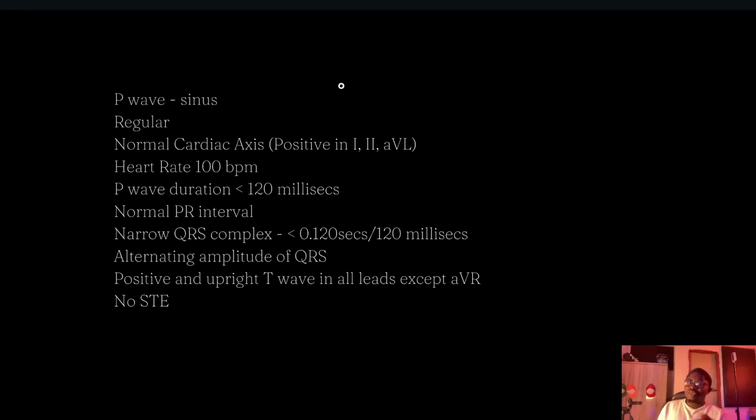P wave duration less than 120 milliseconds, normal PR interval, narrow QRS complex, alternating amplitude, positive and upright T waves in all leads except AVR, no ST elevation. ECG findings of pericardial effusion.